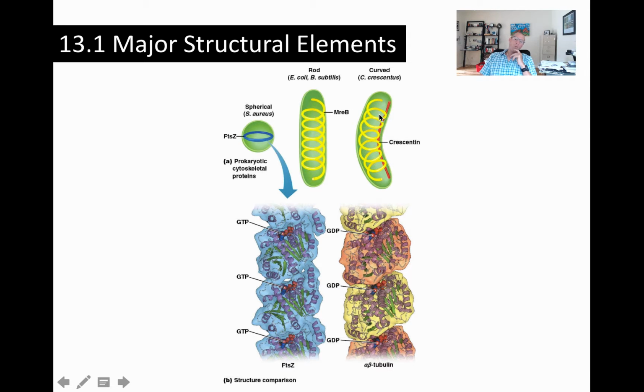And so that protein regulates cell shape. So in prokaryotes, there are structures that are analogous to the cytoskeleton that you see in eukaryotes. So trying to dispel the myth that there's no cytoskeleton in the prokaryotes.